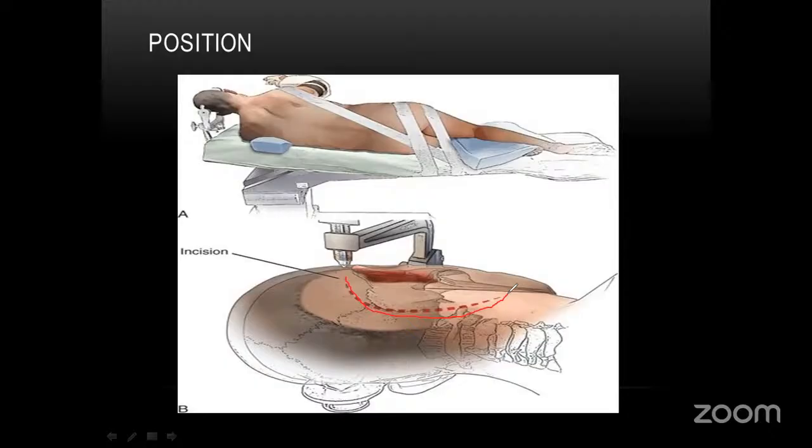Some surgeons prefer this one, but usually the standard incision is not like that. The standard incision is a horseshoe shape, inverted U shape incision that covers both areas, the suboccipital as well as the level of the foramen magnum, craniovertebral junction, and C1, C2.